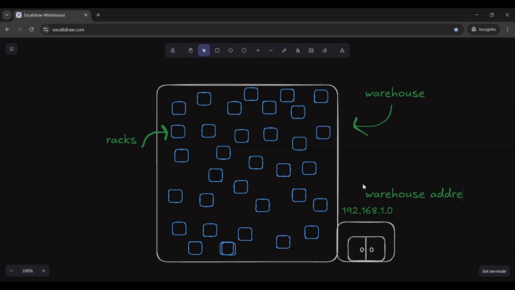Let's say I want to send some information to this network, or reach a rack inside this warehouse. My request is going to go inside the network. If I want to reach this rack, I am inside the network, and there are all the other racks which I can see in order to reach the one which I need.